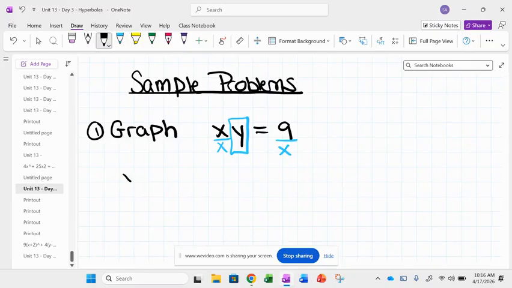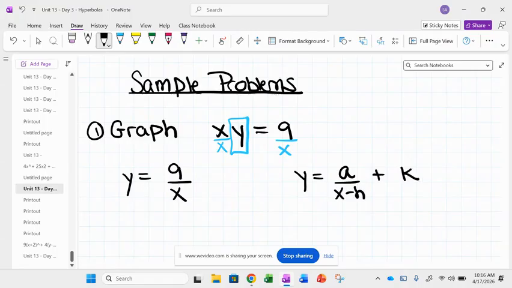So now the equation of this rectangular hyperbola in standard form is y equals 9 over x. And this should fit the format of y equals a over x minus h plus k. Are we good so far? Do we agree I can easily put minus 0 plus 0 if I wanted to? Okay, if you want to, go ahead and do that.